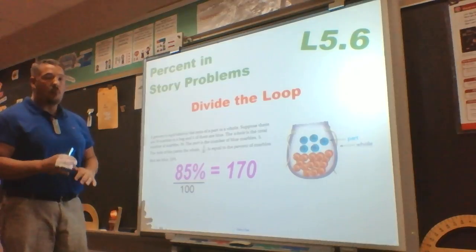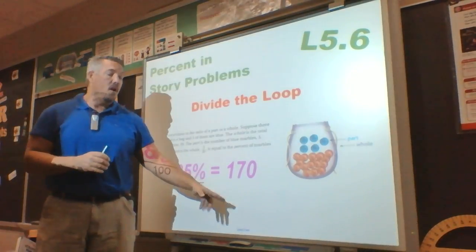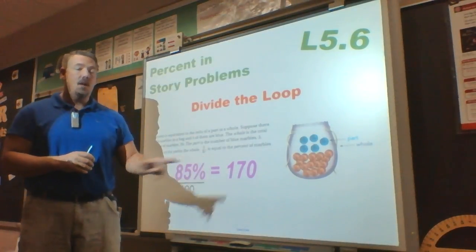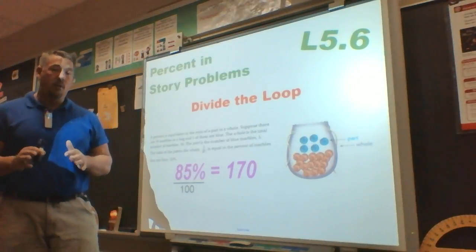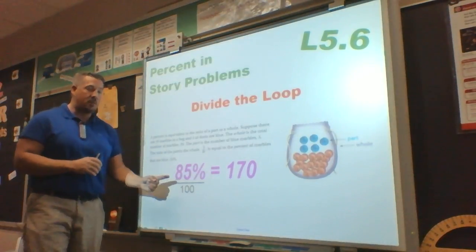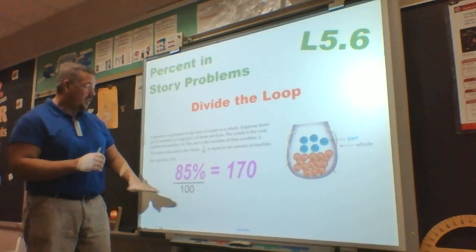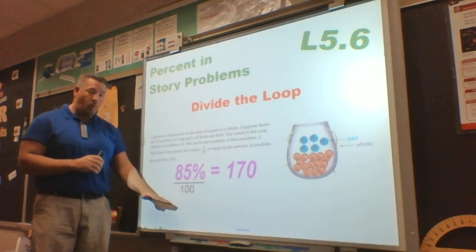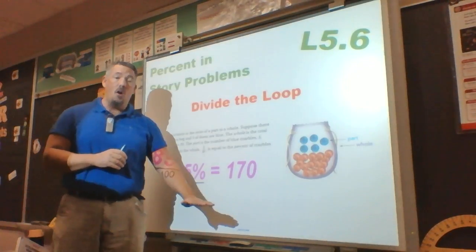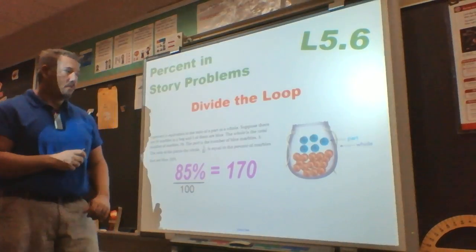If I don't set it up right and I end up with my 100 underneath the number that's given, my answer is not going to be correct. So make sure you set it up percent to whole number, that the bottom number then is my whole percent compared to my whole number.